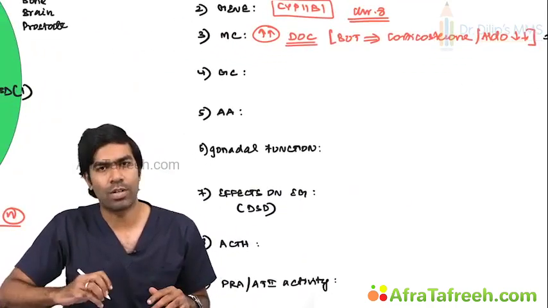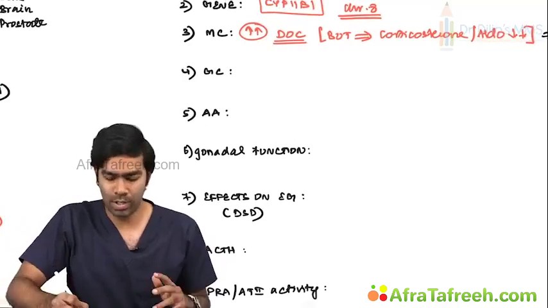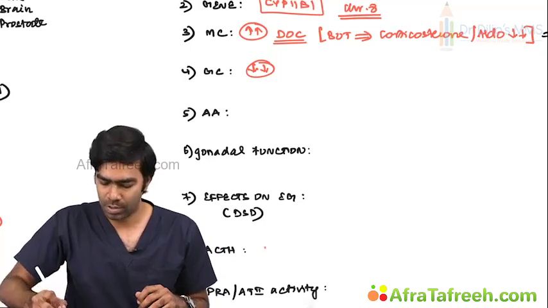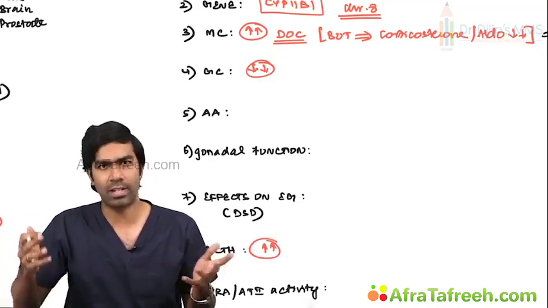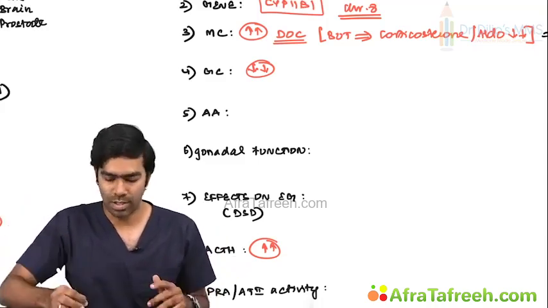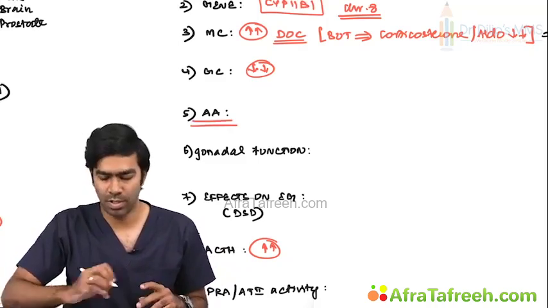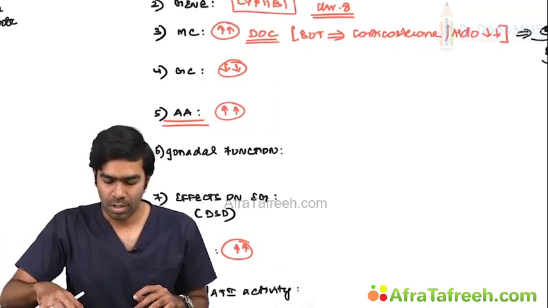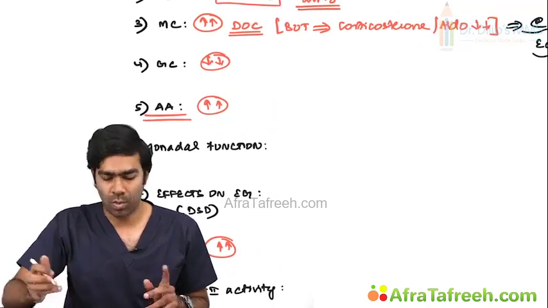And what about the glucocorticoids? Glucocorticoids, very well it's going to be reduced. There is no doubt about that. Cortisol will be reduced. And because of that, ACTH will be high, and that is the main reason for hyperplasia and hyperpigmentation. And that is also the main reason for this excessive adrenal androgen output as well. So what will be the adrenal androgen output? It will be very high. So now, what will be the net effect?